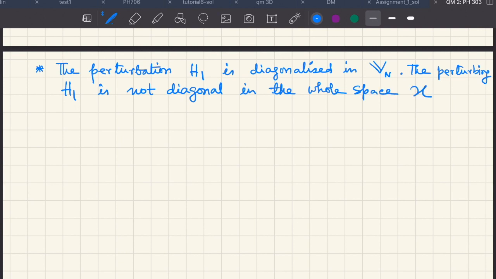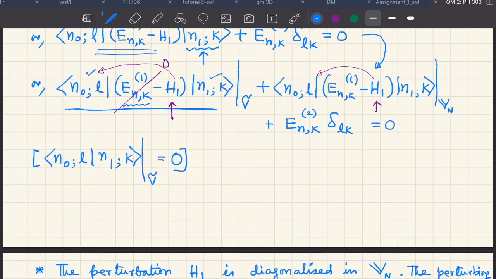That means H equal to Vn direct sum V tilde. Only within the block representing Vn is H1 a diagonal matrix. Otherwise it is not. So action of H1 on this bra N naught L may actually take you outside Vn too. That is the first interesting and a little bit complex point that you have to understand.